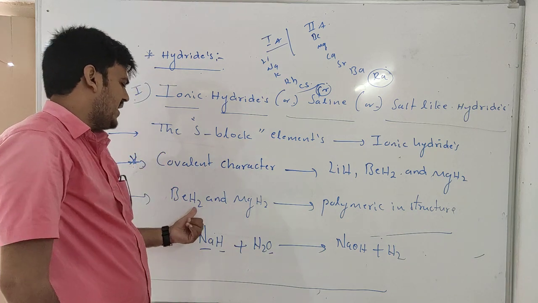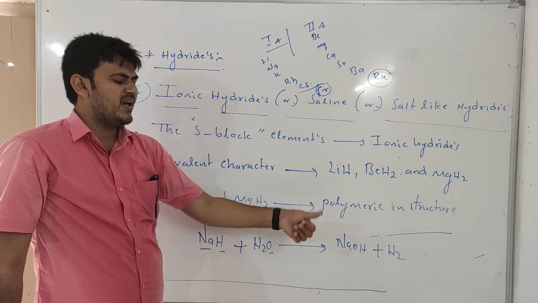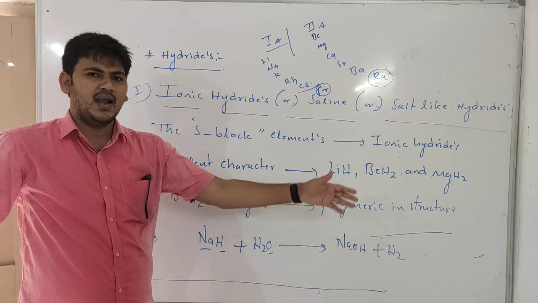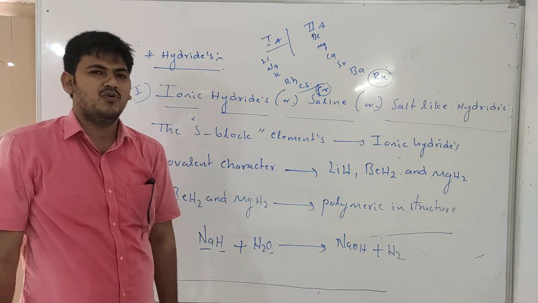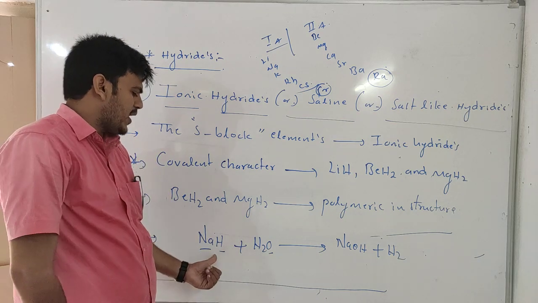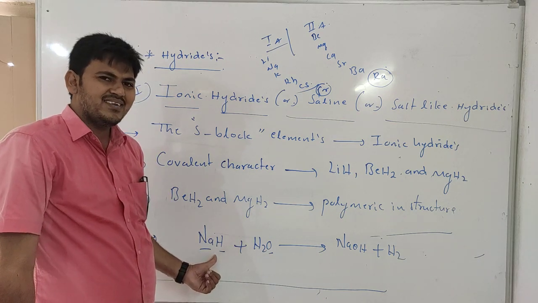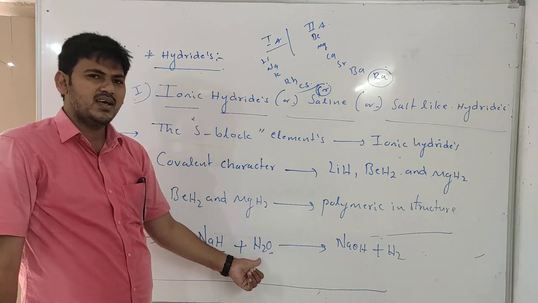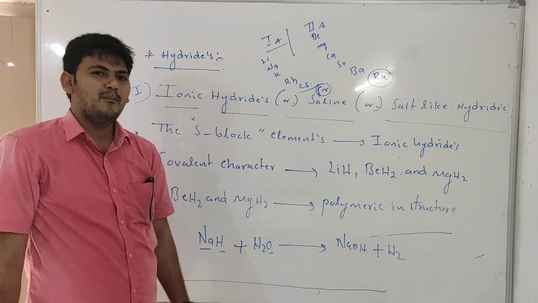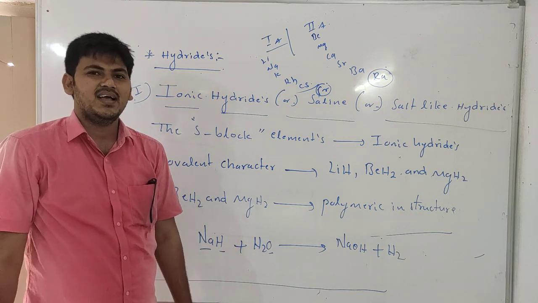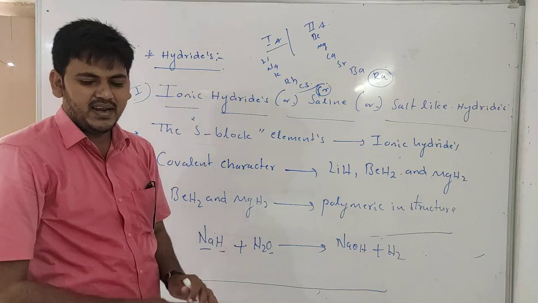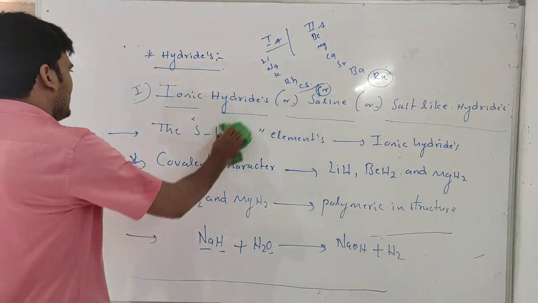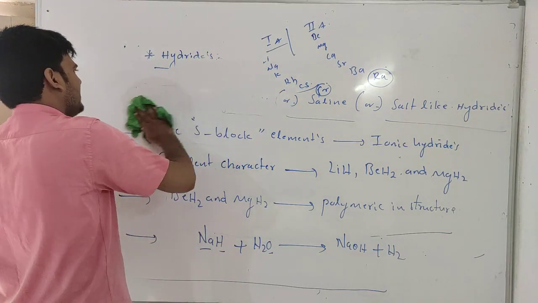And next, beryllium hydride and magnesium hydride are polymeric in structure. Polymer means many units or a number of molecules. And next, ionic hydrides like sodium hydride dissolve in water to form basic solution and hydrogen gas. So this is ionic hydrides or saline hydrides or salt-like hydrides.